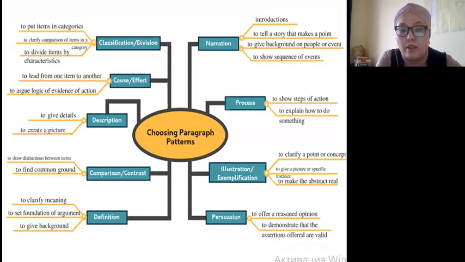And then you are comparing to find common ground, so it makes you draw connections between ideas. It gives details, creates a picture, and leads from one item to another.